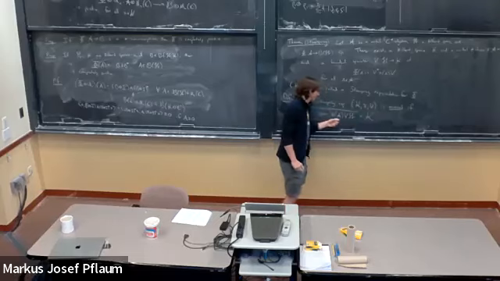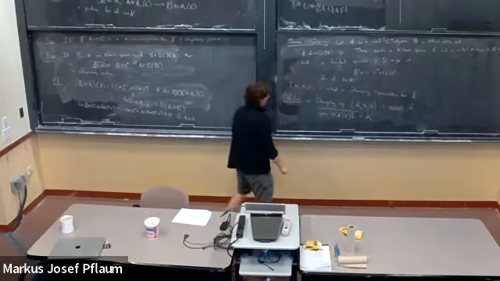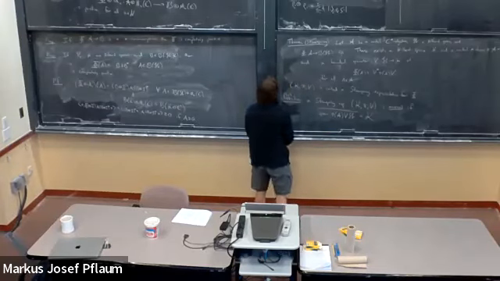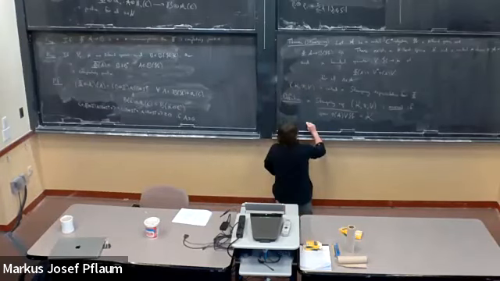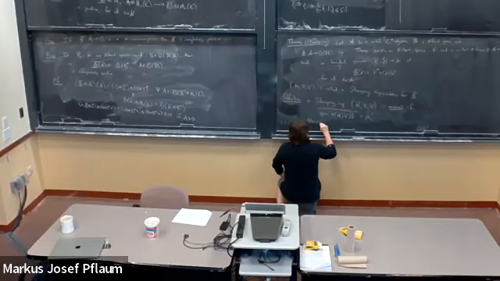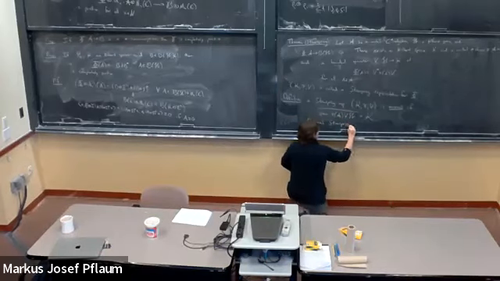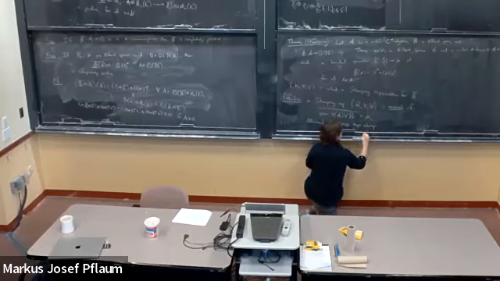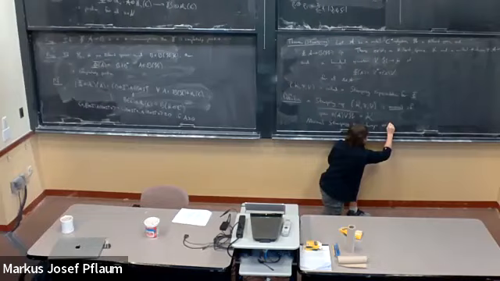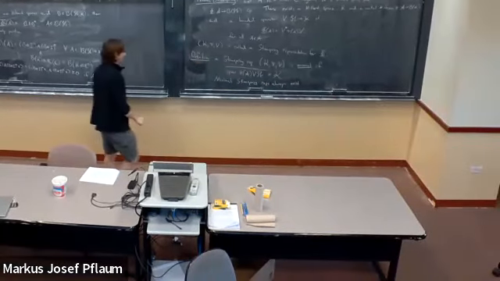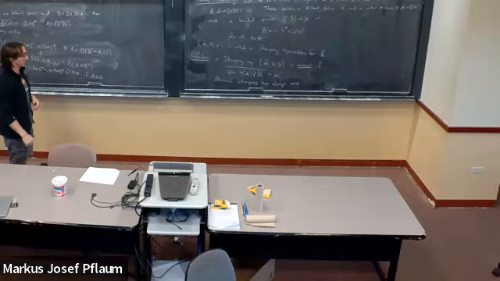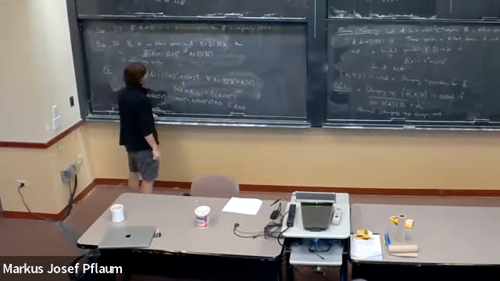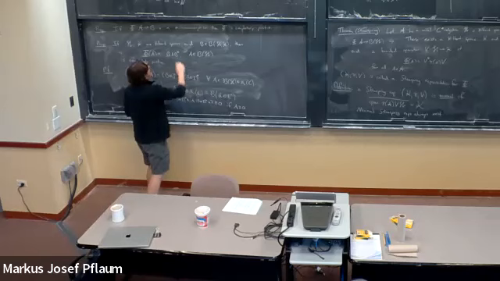K is sort of just as big as it has to be. Now, these always exist. And in fact, they're unique up to unitary equivalence in some sense.